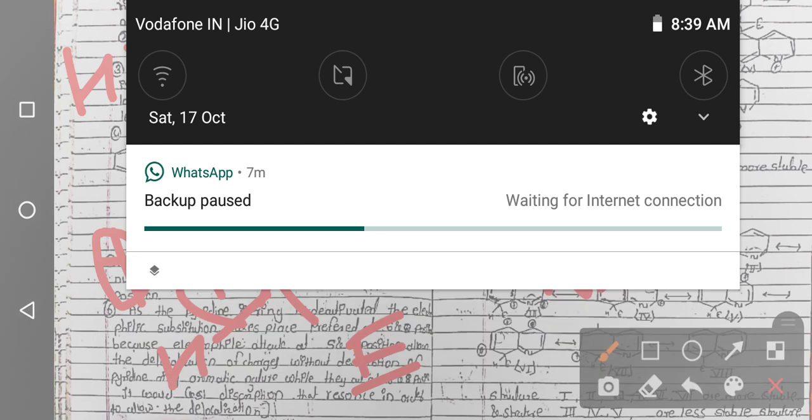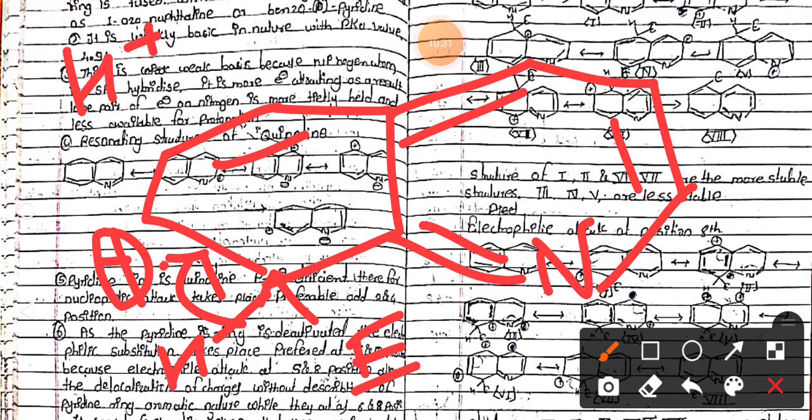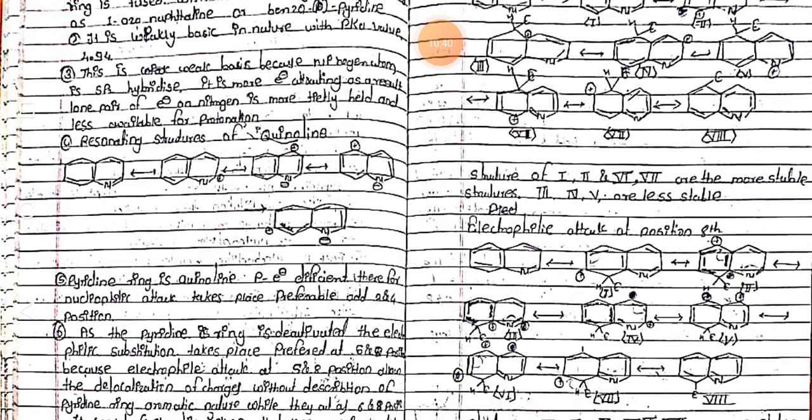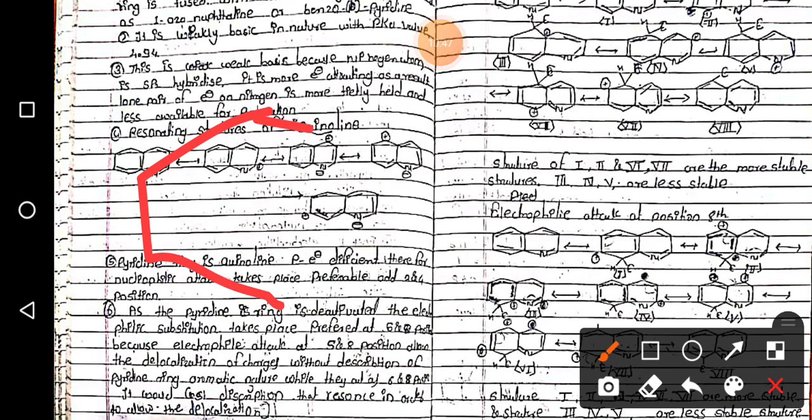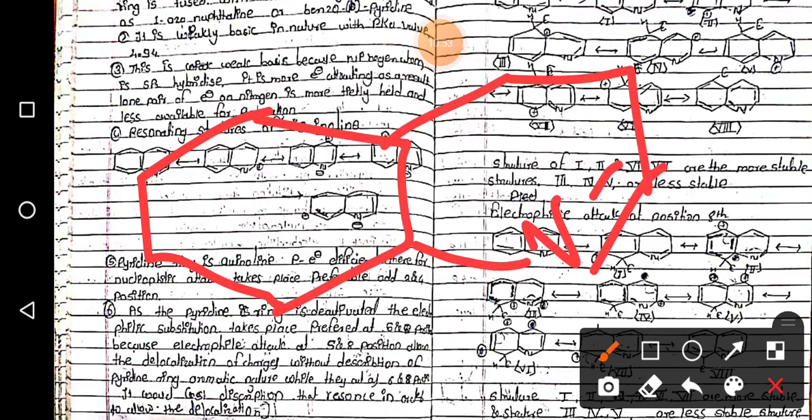As this shifts, there is a formation of a bond, which means we will get the final structure. This is our final structure.